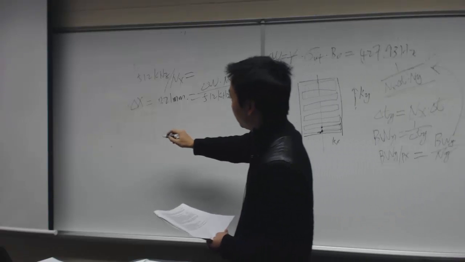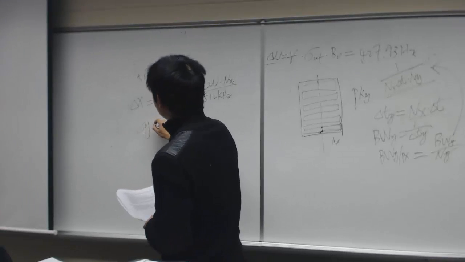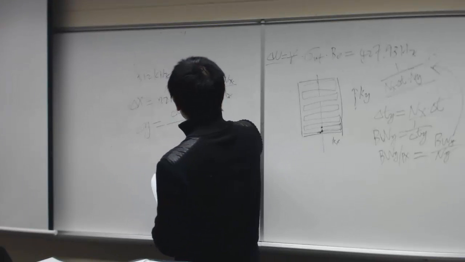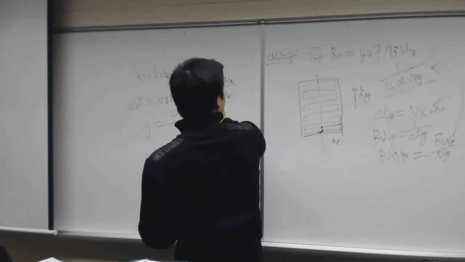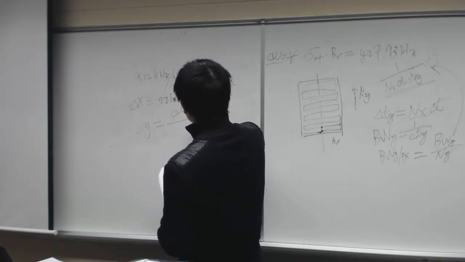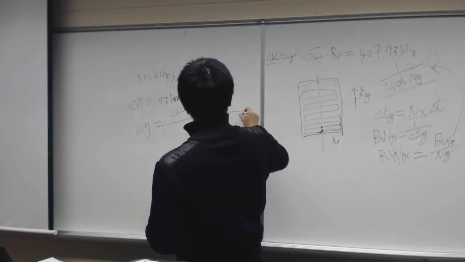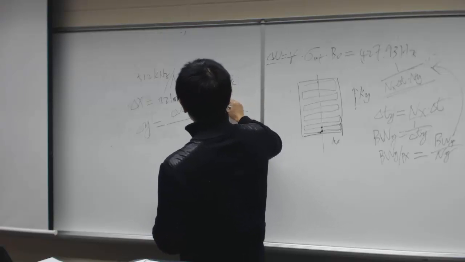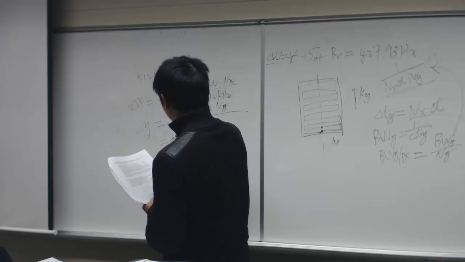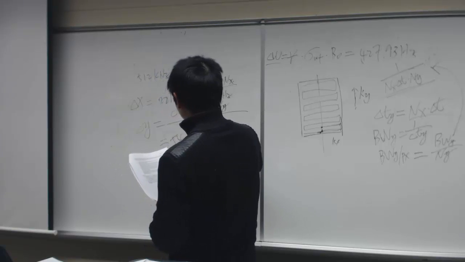So the delta y in here is now the delta omega water-fat divided by this one. So it's multiplied by Nx delta t, which is bandwidth x, and Ny. So this one is now 54.8 millimeter.